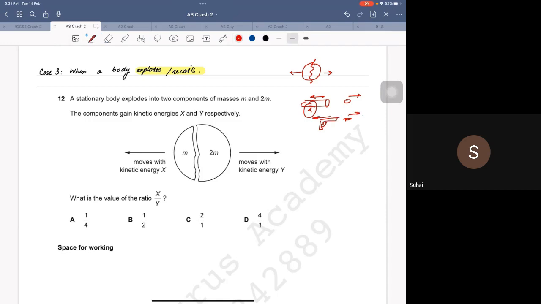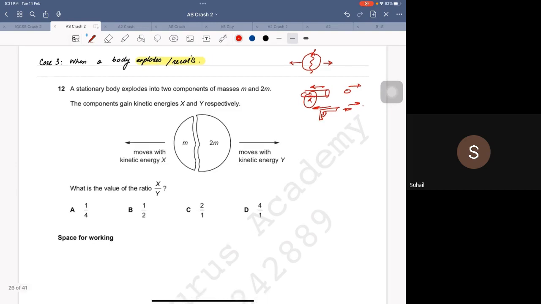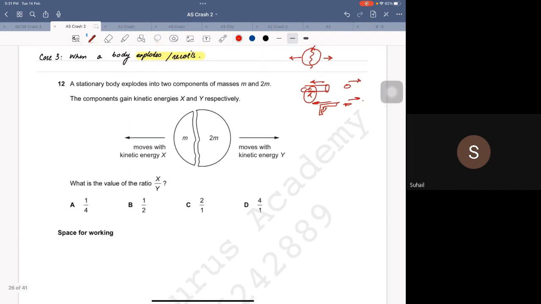Anyway, it is a very similar question, but it's obviously a bit tricky. So now it says that a stationary body explodes. So the body was stationary initially and explodes into two components, mass m and 2m. The components gain kinetic energy, and what is the value of this?